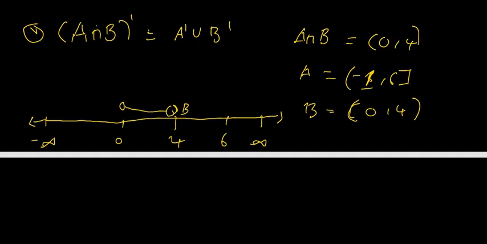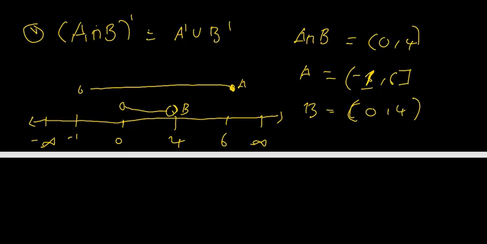Then we have A from -1 to 6, like this. So this is our 6, where 6 is included. So we want now to find the intersection of these.